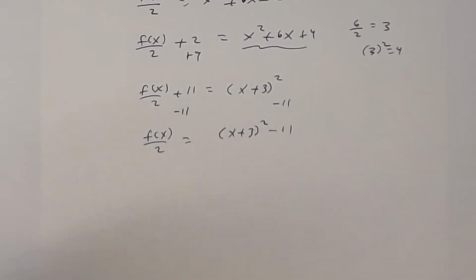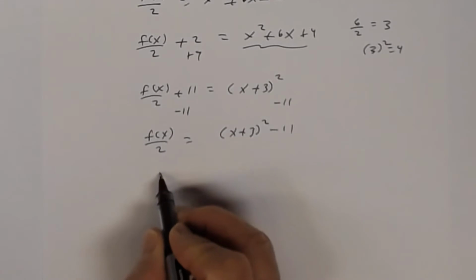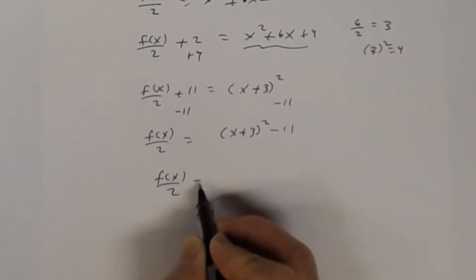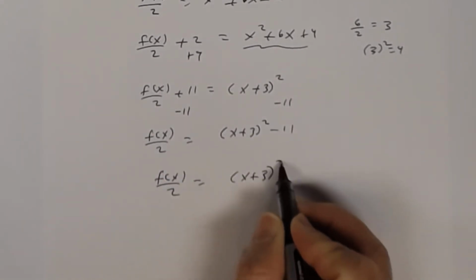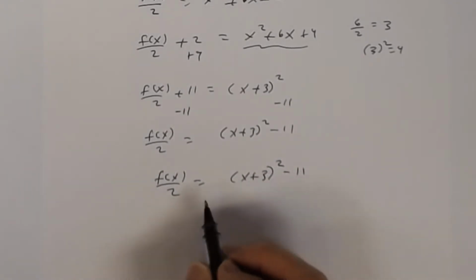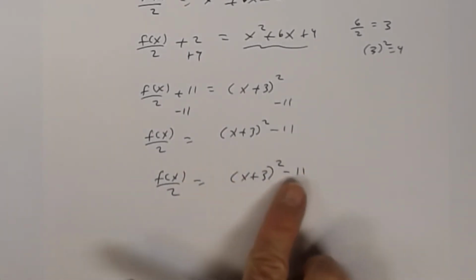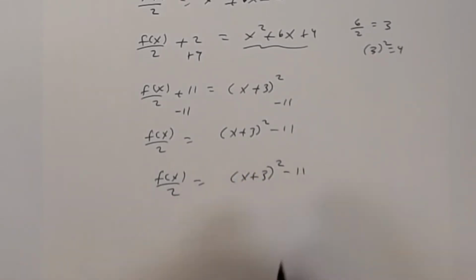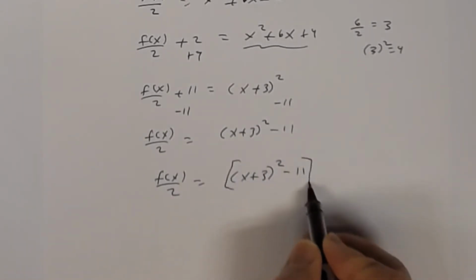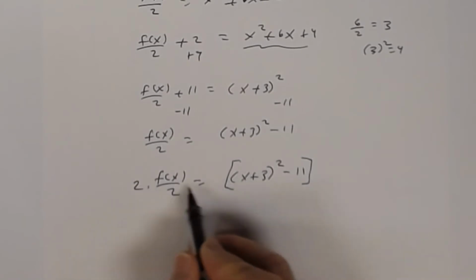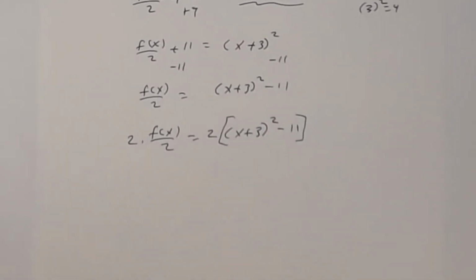So I'm going to rewrite this over and multiply both sides by 2. Since there are 2 parts here, a binomial squared and a constant, put that in parentheses or brackets, and then say times 2, times 2.